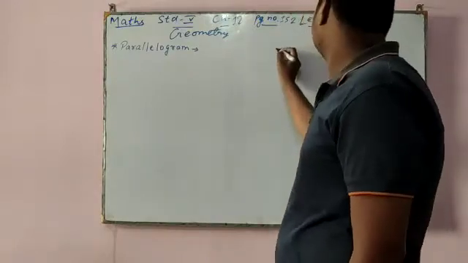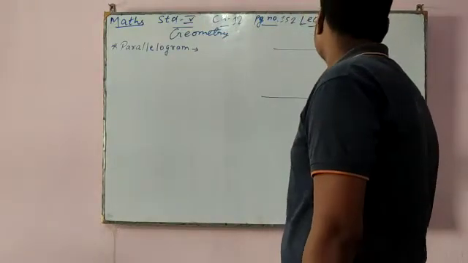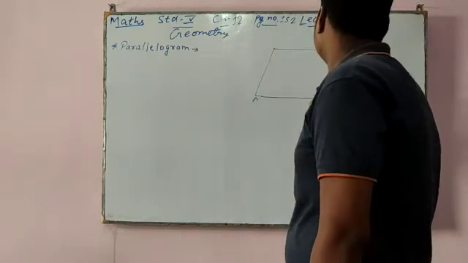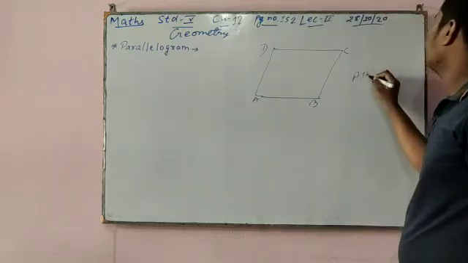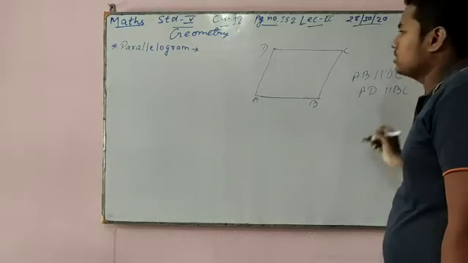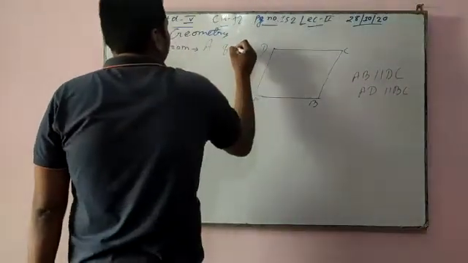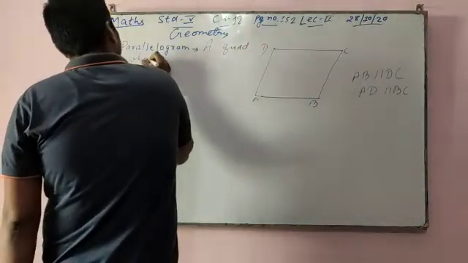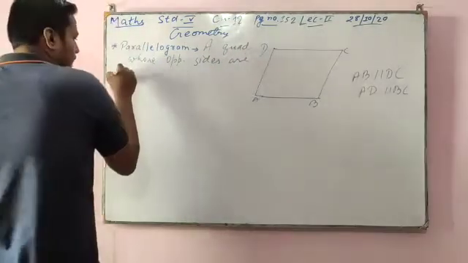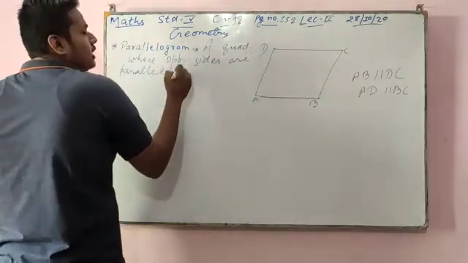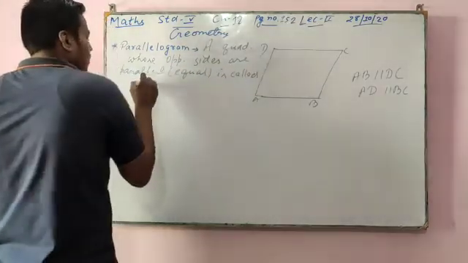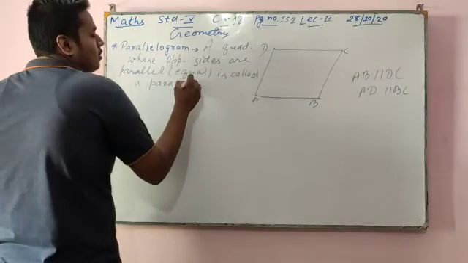Whose opposite sides are parallel means this one is parallel to this one, and this is parallel to this. AB is parallel to DC and AD is parallel to BC. So this is also a quadrilateral whose opposite sides are parallel. It's called a what? Parallelogram.